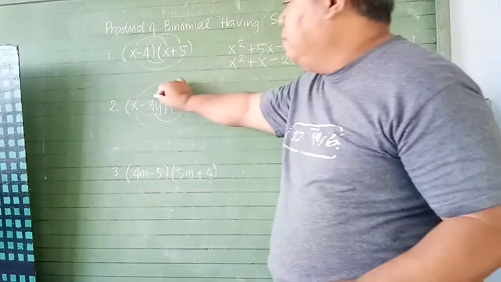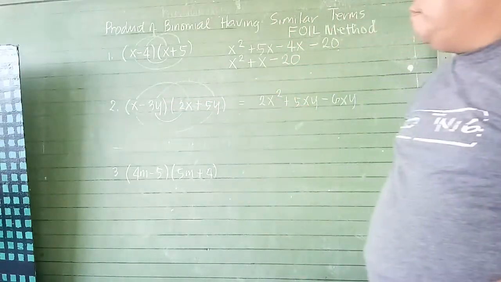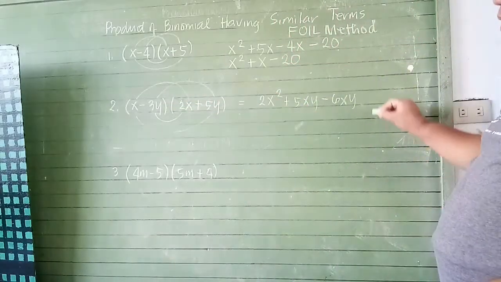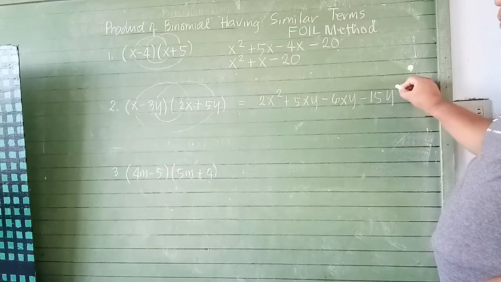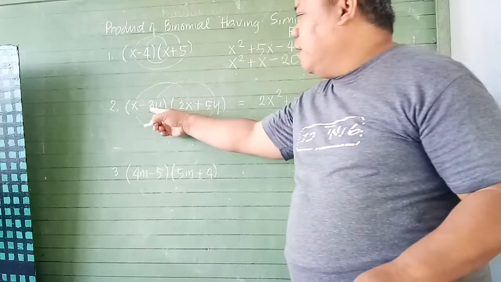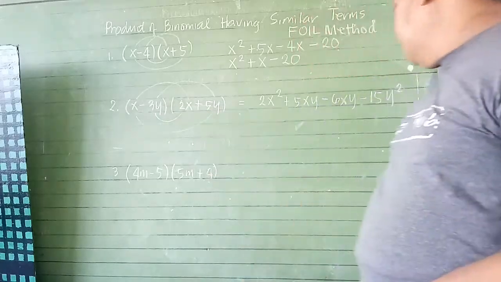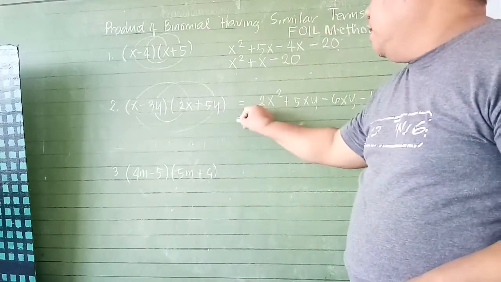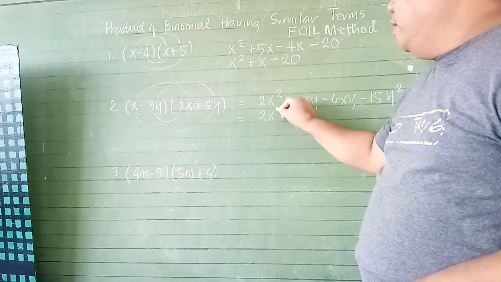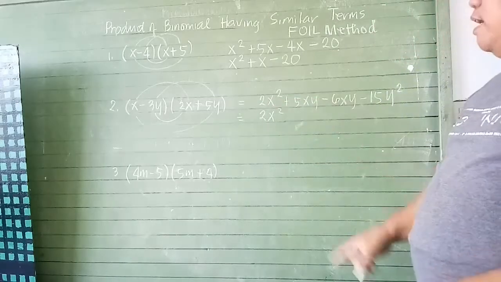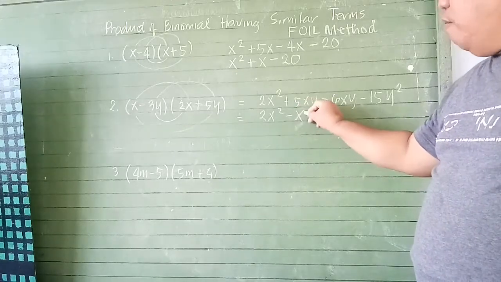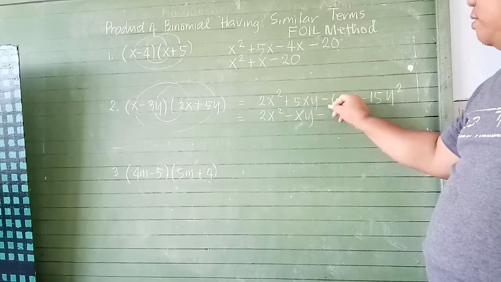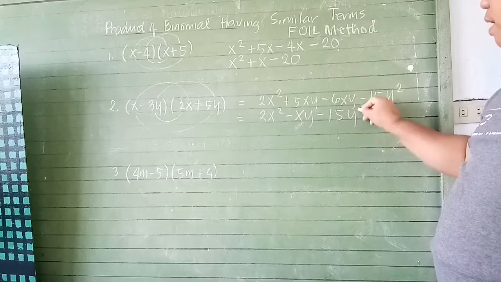And then the last term should be negative 3 times 5, negative 15y squared. So check natin yan. 5xy minus 6xy is negative xy. And then minus 15y squared.